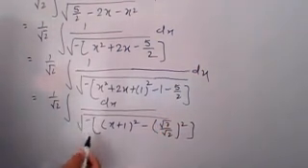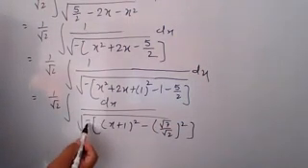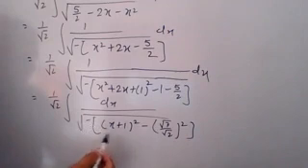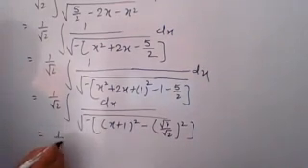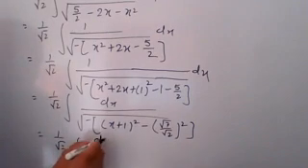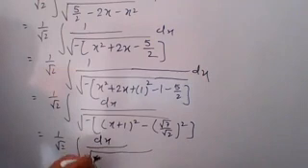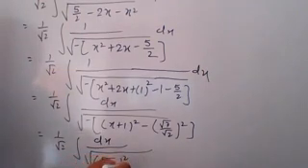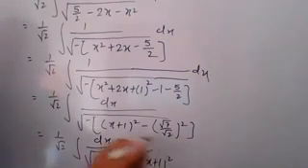Now after making a perfect square, you distribute this minus sign to each of the terms. So that can be written as 1 by root 2 integration of dx upon under root, and here you have root 7 by 2 whole square minus x plus 1 whole square. Understand?